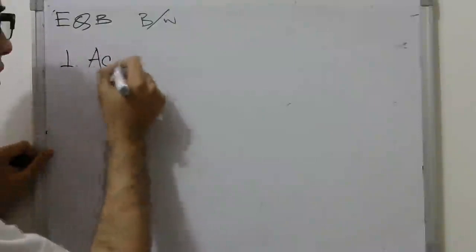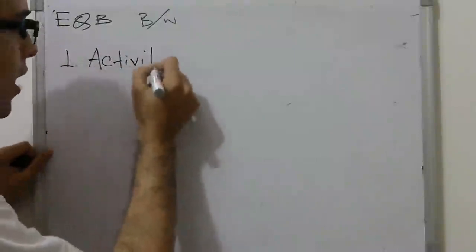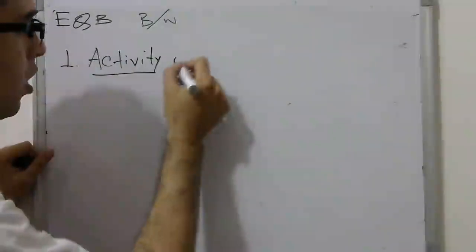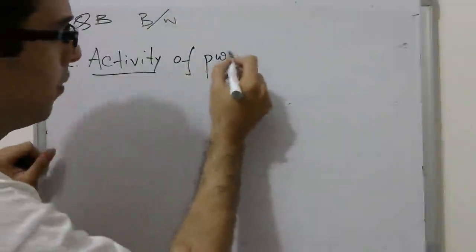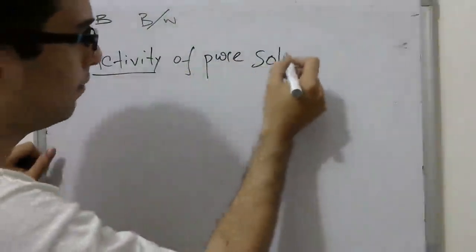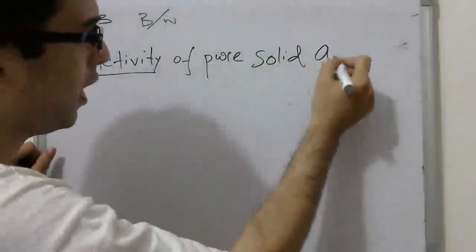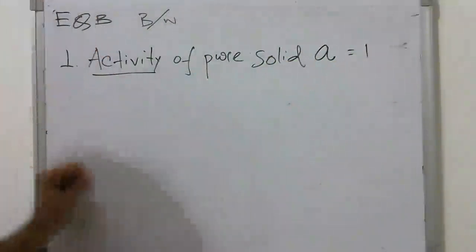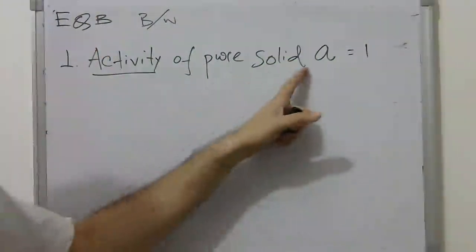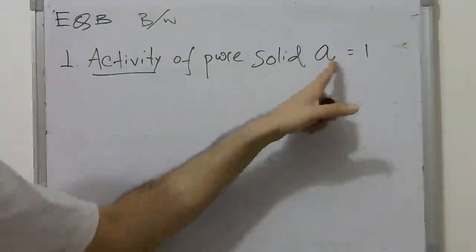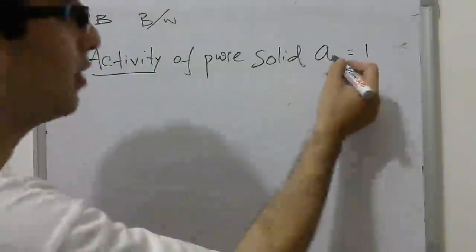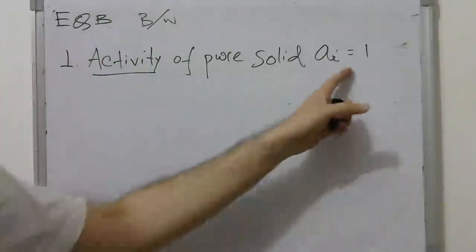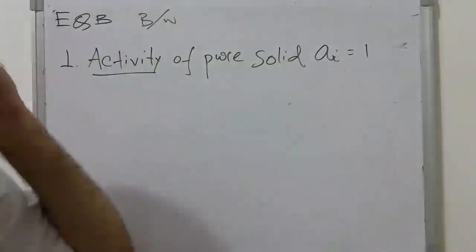I will just cover what activity is for the time being. Just remember, the activity of a pure solid substance A, which is the activity of a species, let's say species i, is equal to 1. This is the first thing you should always remember.